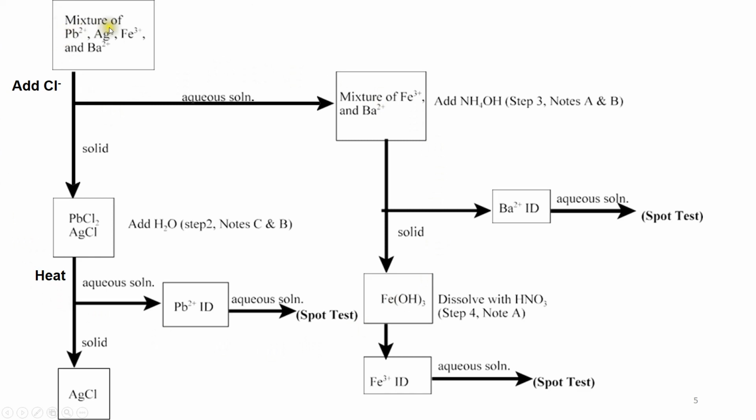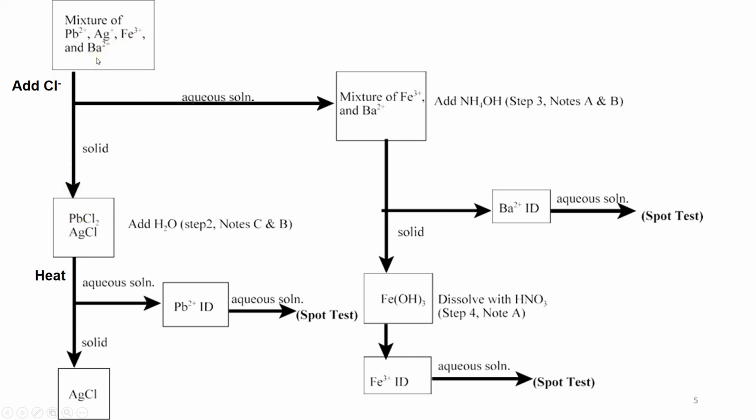First, let's assume we get a mixture of 4 metal ions: lead, silver, iron, and barium. The first step is to add chloride, Cl-, into this mixture. This is because lead and silver will react with chloride to form precipitate.